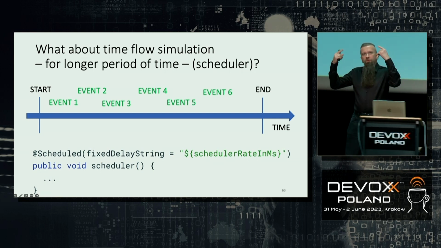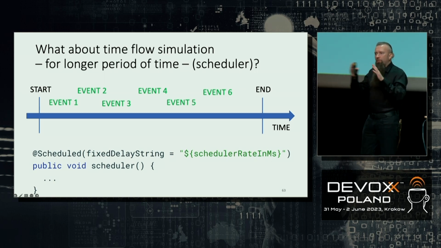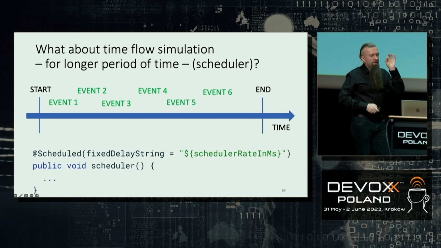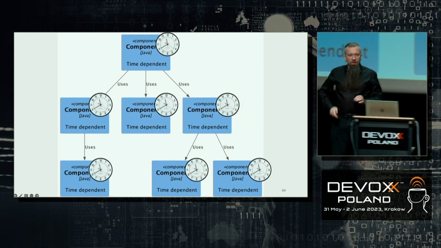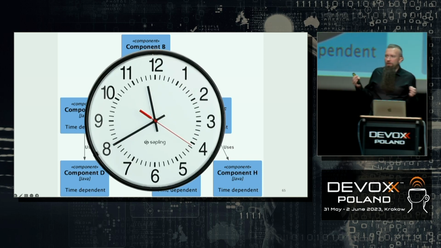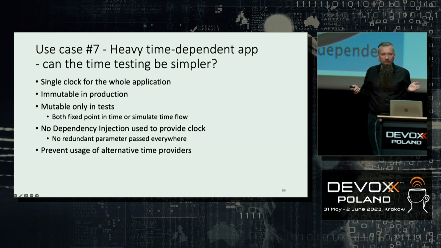Probably we can have some scheduler running in the background which processes data and emits those events, and we want those events at certain points in time. So how can we test it if, in the whole application, we would like to have one clock?